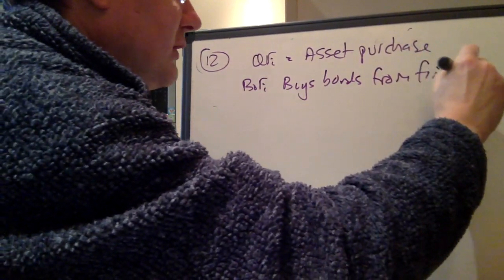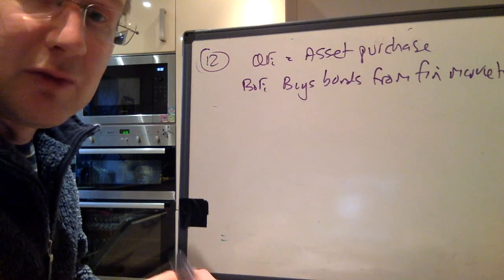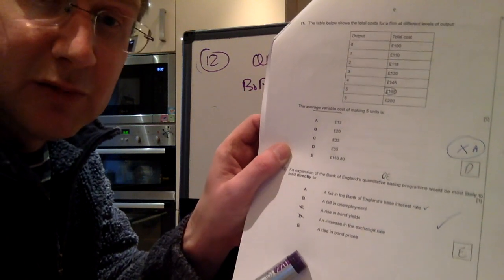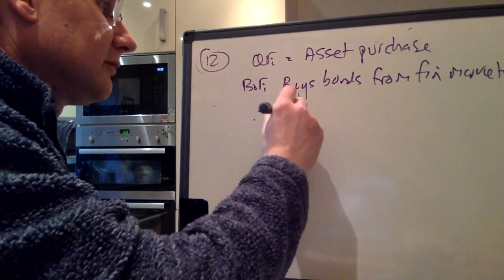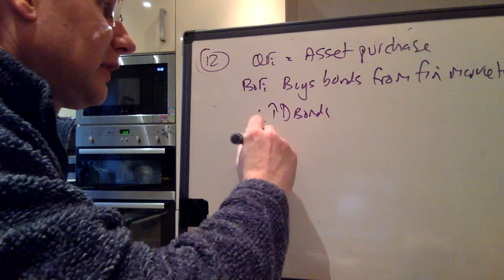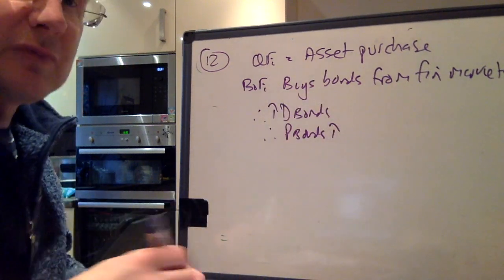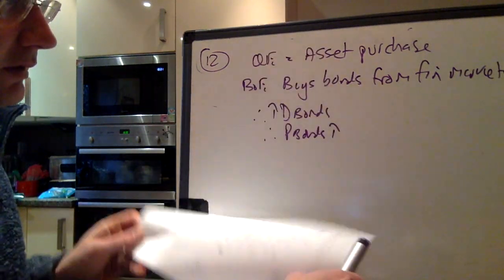It doesn't buy them from the government, it buys second-hand bonds from financial markets. There are a variety of effects that could have, but the most obvious immediate effect is an increase in the demand for bonds, and therefore the price of bonds goes up. And that's it. So that's E.